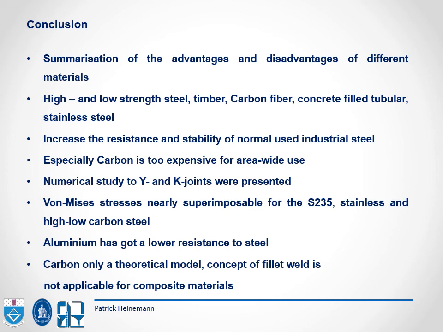I did numerical studies about Y and K joints. In case of the stresses, the different steel grades are nearly superimposable. The aluminum has a lower resistance, and the carbon is only a theoretical model because the concept of the fillet weld is not applicable for composite materials.